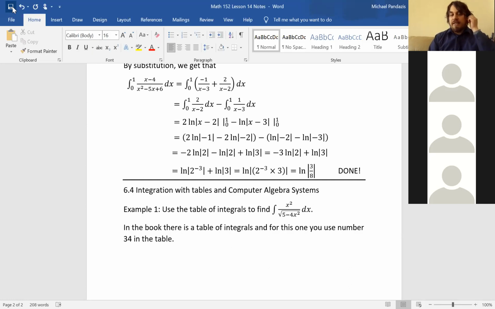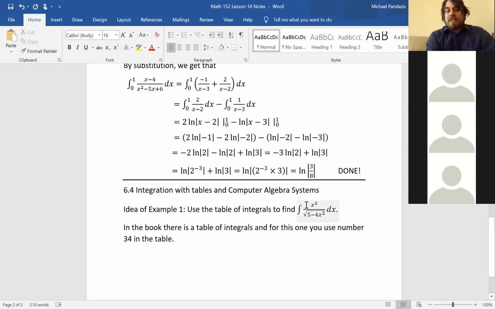And so that's the idea. I'm not going to put here example one. I'm going to put the idea of example one. The idea of example one is that you use a table of integrals to calculate this. In the book, there's a long table of integrals, and here you look at the list and you find number 34 matches this one, and then you apply it. I think there's over 100, like 120 or even more than that. And so this is number 34, and then you match it up and you solve it.